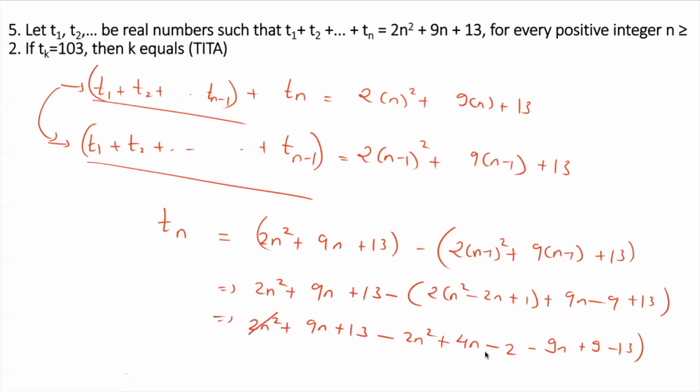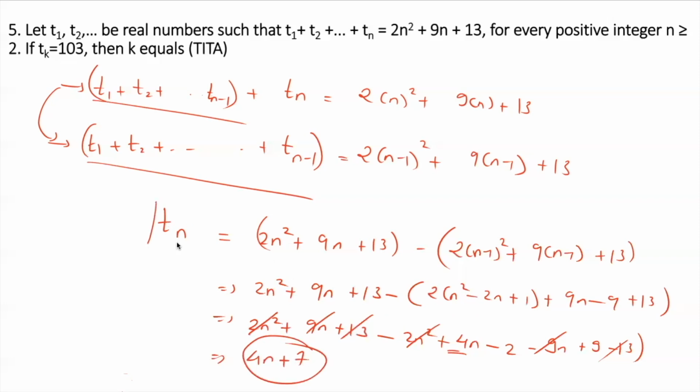So 2n square and 2n square will get cancelled. 9n and 9n gets cancelled. I'm left with 4n plus 13 minus 13 plus 9 minus 2. So this gives me 4n plus 7.